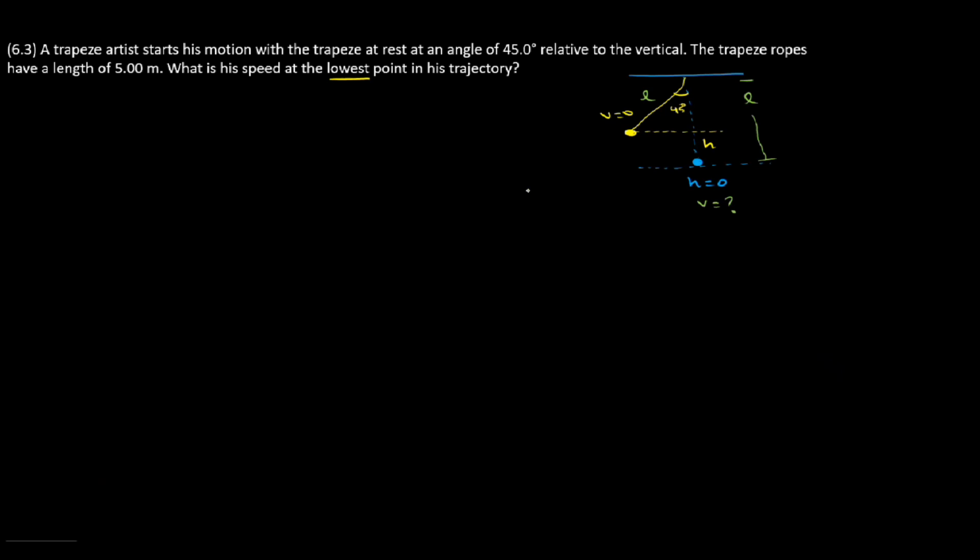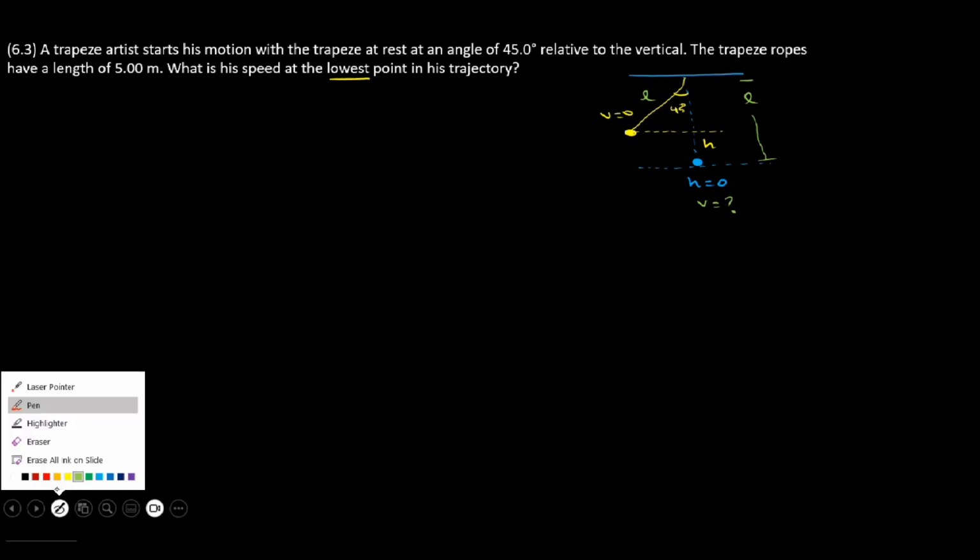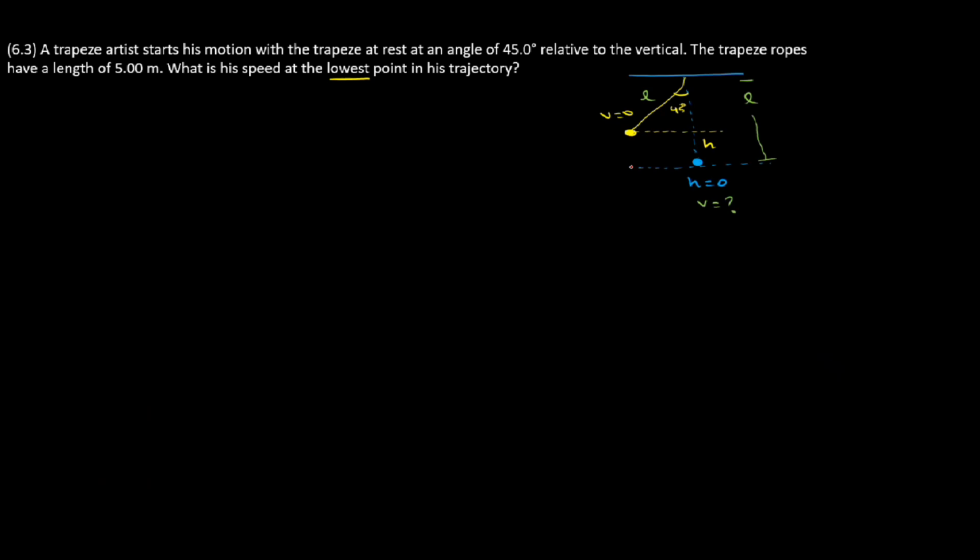Now, according to the law of conservation of energy, total energy at any point in the system must be the same. So total energy at my reference point, I will call this point 1, must be equal to the total energy at this point at 45 degrees from the vertical, which I will call point 2.